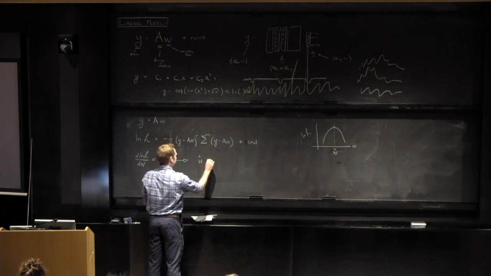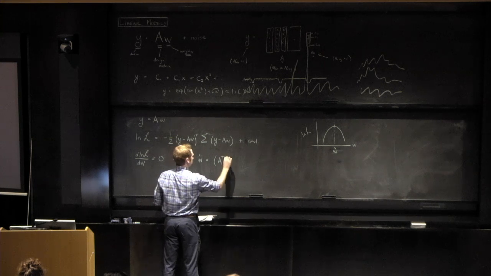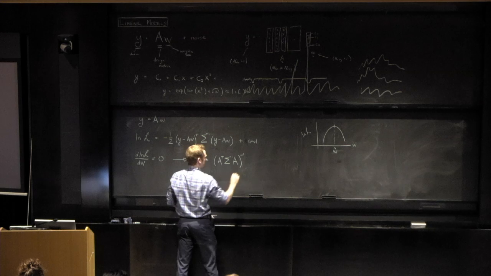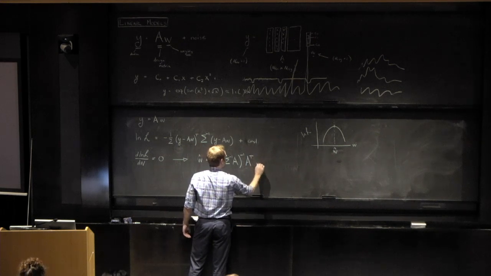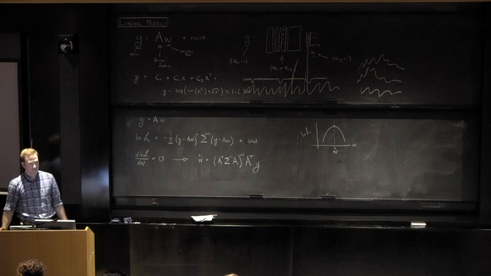I get that W hat is equal to (A transpose sigma inverse A) inverse A transpose sigma inverse Y. And we're done.